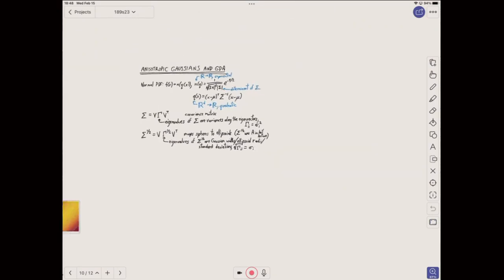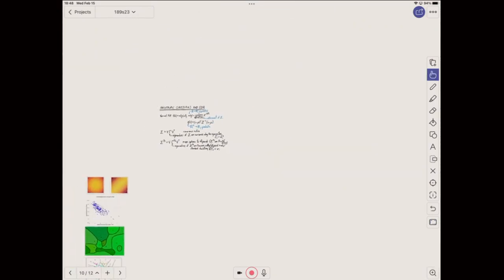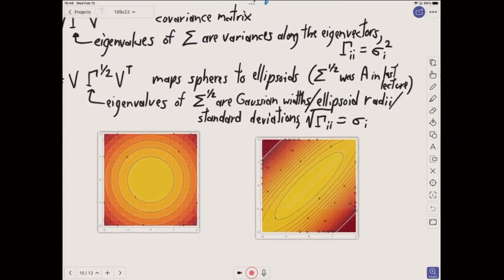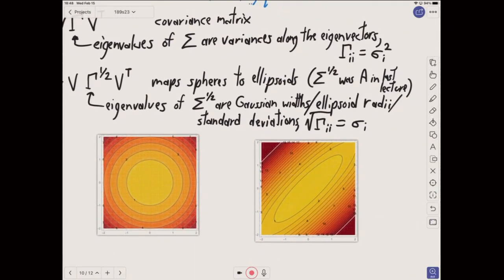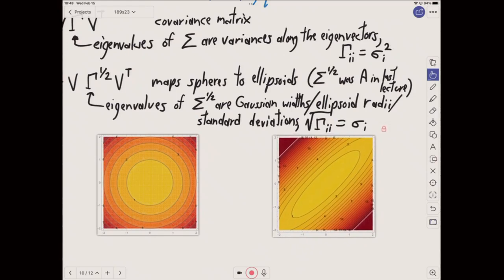Visually, the way we interpret that is you just imagine you've got a simple function z squared on the left whose isocontours are spheres, and you take each of those isocontours and you apply the square root of the covariance matrix to those points.